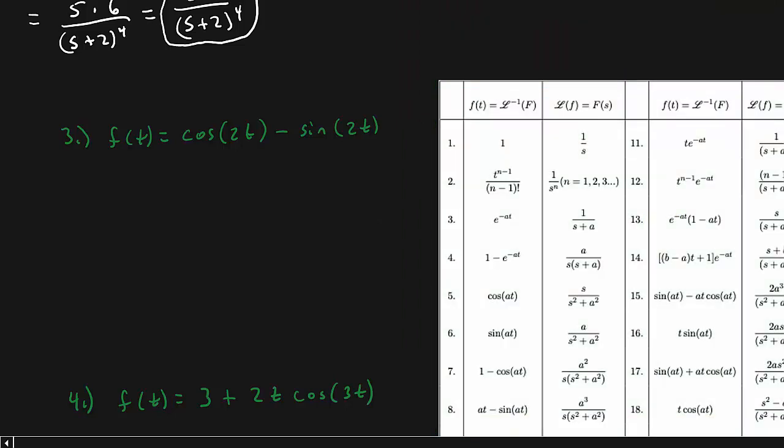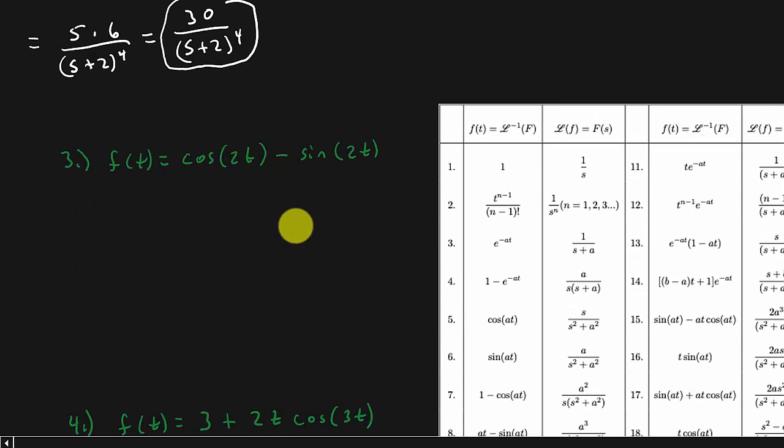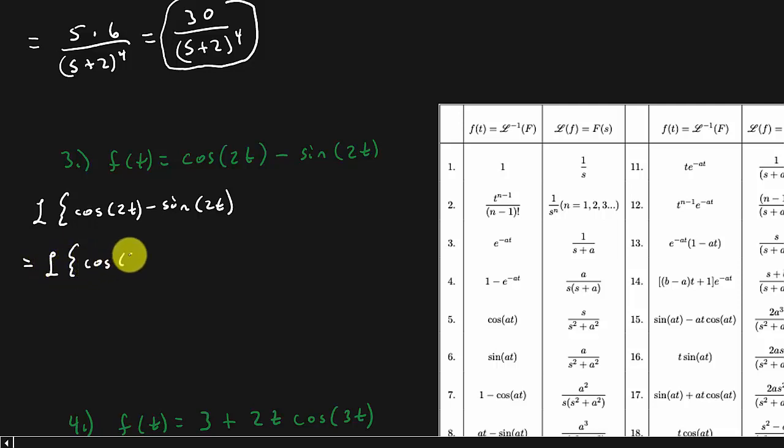All right, so here we've got f of t is cosine 2t minus sine 2t. And so we need the Laplace transform of cosine 2t minus sine 2t, which is equal to the Laplace transform of cosine 2t minus the Laplace transform of sine 2t.